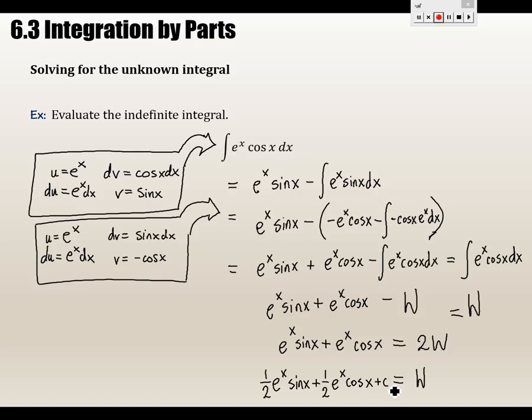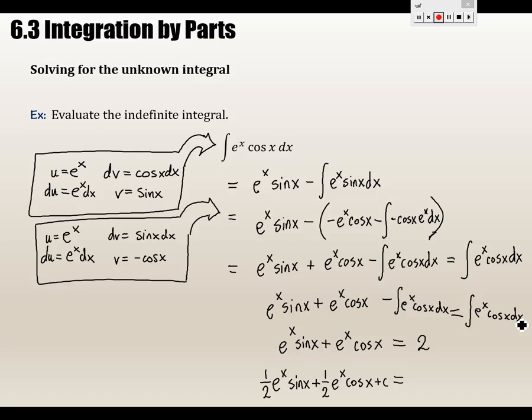All right, now we're being cute with the W, but we could go back and put the actual integral in there. You don't have to. The W is fine too.